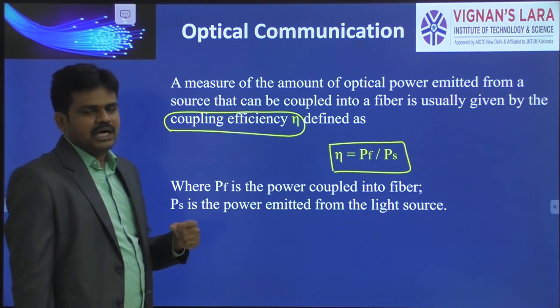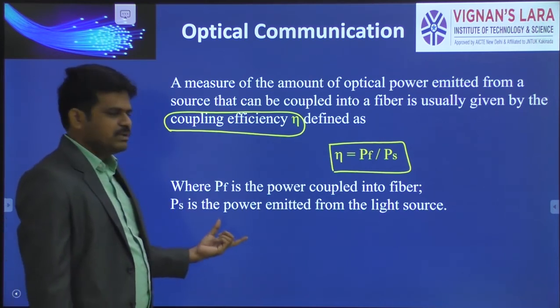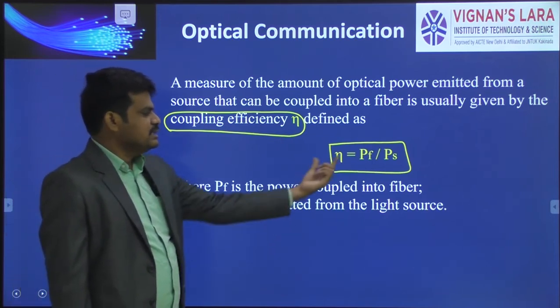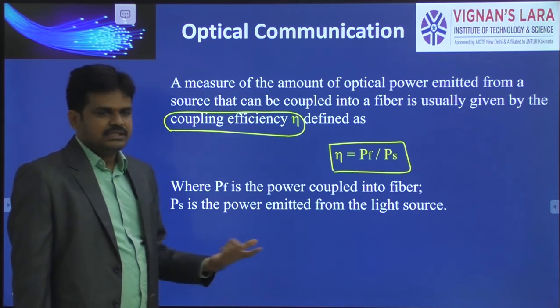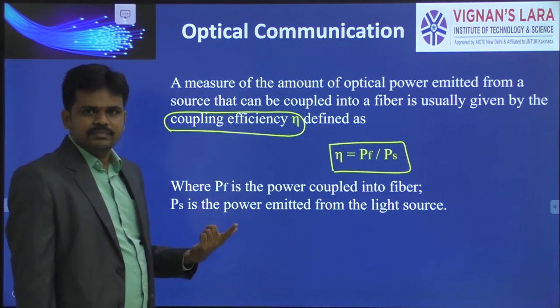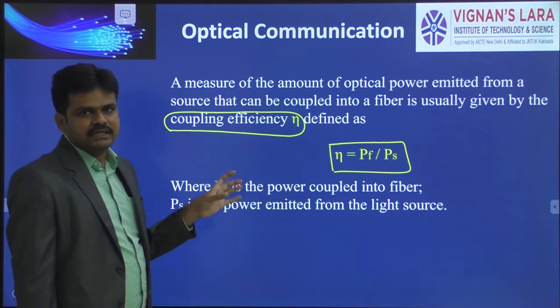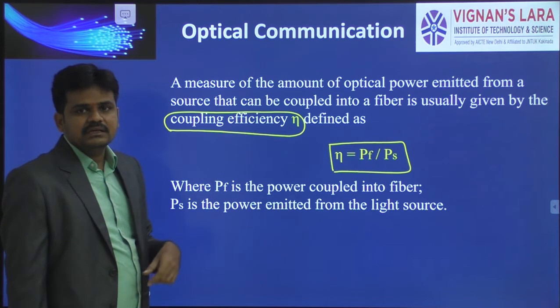PF means how much power entered the fiber. PS means how much power was emitted by the light source. The ratio of these two powers is treated as coupling efficiency. Coupling efficiency is a very important factor in calculating the optical power inside the fiber.